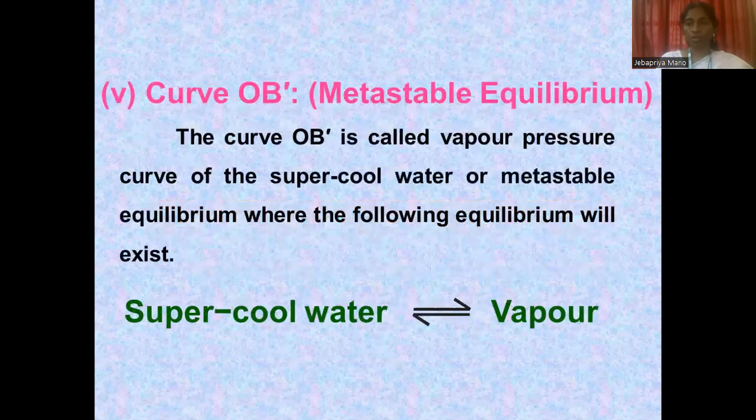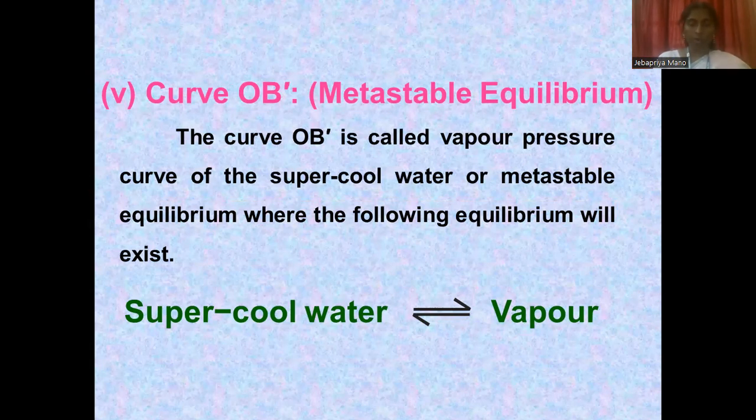Similarly, let us go to the one more curve which is left behind, that is the metastable equilibrium curve. The metastable equilibrium curve is called OB dash, which is represented by dotted lines. Here, supercooled water and vapor are in equilibrium. What is supercooled water? Supercooled water means it is possible to cool the water below 0 degrees Celsius, but still it remains as water itself.